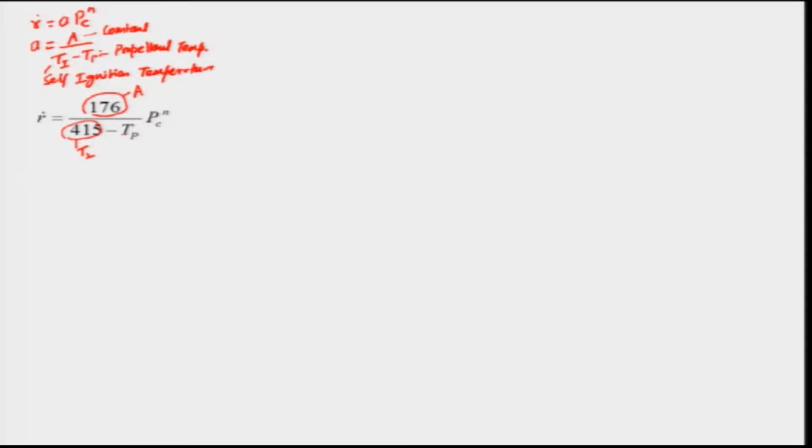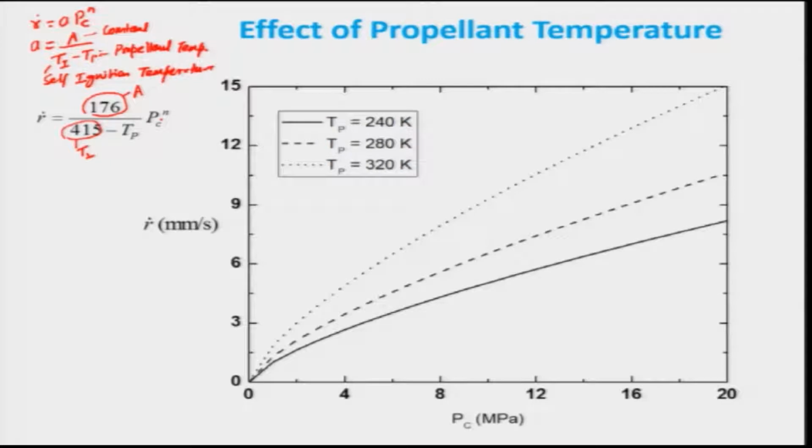If we vary T p, the propellant temperature, and also vary the chamber pressure, we can get data, and we have plotted this variation of burning rate with chamber pressure for different propellant temperatures. This curve corresponds to T p equal to 240 K. You can see that the burning rate increases with the chamber pressure, and it increases in a nonlinear manner.